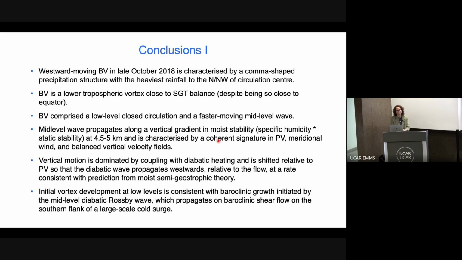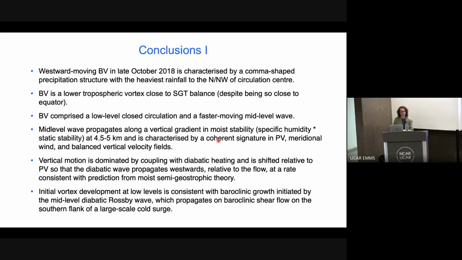So what we have seen from this case study in October 2018 is that the convection was located in this comma-shaped band in the northwestern part of Borneo. It moved in an east-westward direction through the South China Sea, and the SGT tool showed us that the vortex is in balance despite being so close to the equator.